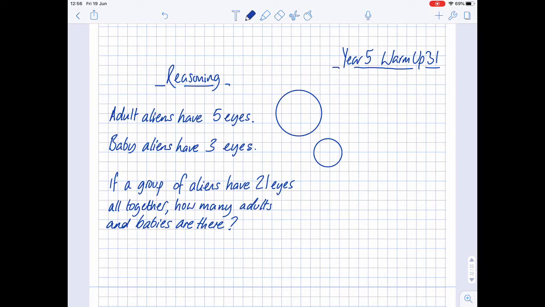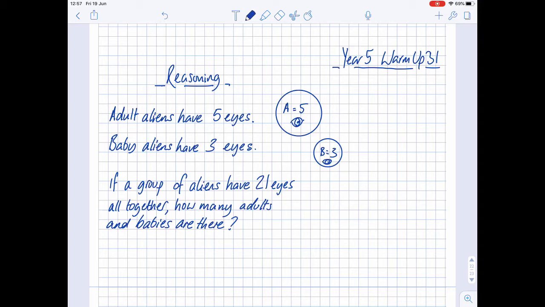Adult aliens have 5 eyes, so I write A for adult equals 5, and B for baby equals 3. Those arty people among you, provided you're not wasting loads of time, could draw an eye just to remind yourself. We know that our group of aliens have 21 eyes altogether. How many adults and how many babies are there?